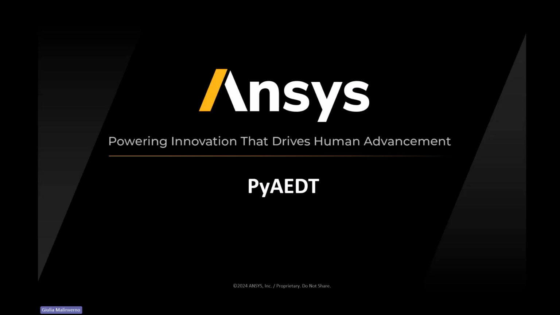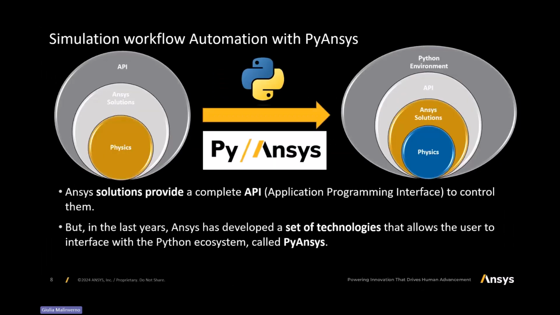So now we can start the real discussion about PyAEDT. I really like these two pictures, especially the one on the right. To properly understand what PyAEDT is, we can think of it as we do for all the other Python libraries included in PyAnsys. We can think of it as an additional layer built on top of the existing API that extends and consolidates its functionalities.